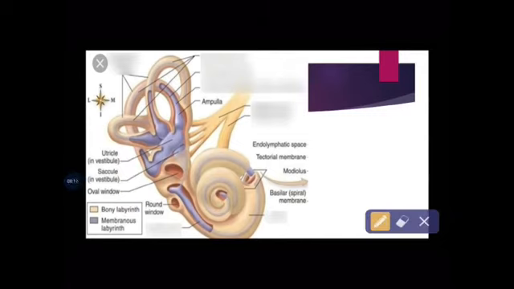You can see here semicircular canals are visible. These semicircular canals have ampulla, and after that there is an endolymph space, tectorial membrane, and spiral basilar membrane.